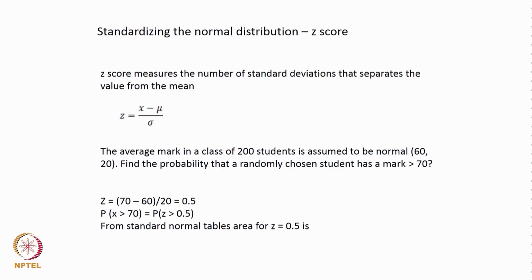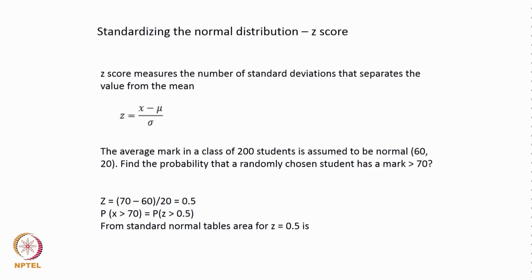Z score measures the number of standard deviations that separates a given value from the mean. So, if mu is the mean, sigma is the standard deviation and x is a given value, we calculate what is called (x minus mu) by sigma. x minus mu is the difference, and dividing by sigma tells us the number of standard deviations that separates the value from the mean.